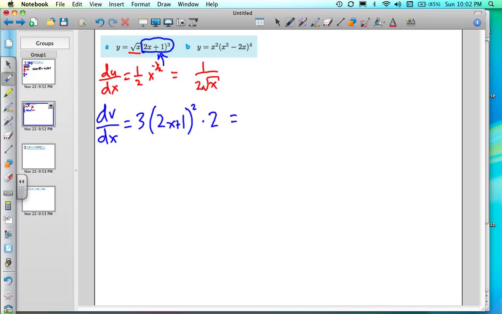So 2 times 3 is 6 times 2x plus 1 squared.